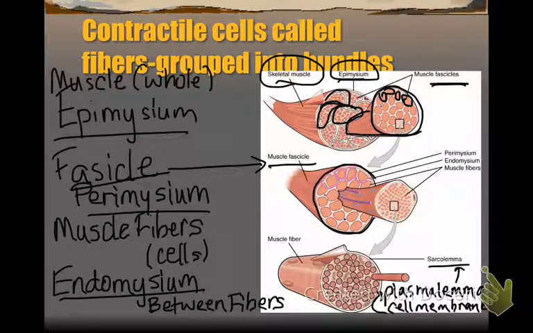So it's like layers of packaging. Each muscle cell, it's a cell. It has to have a cell membrane. It's got a fancy name, sarcolemma. That's the fancy name for the plasma membrane. Okay?